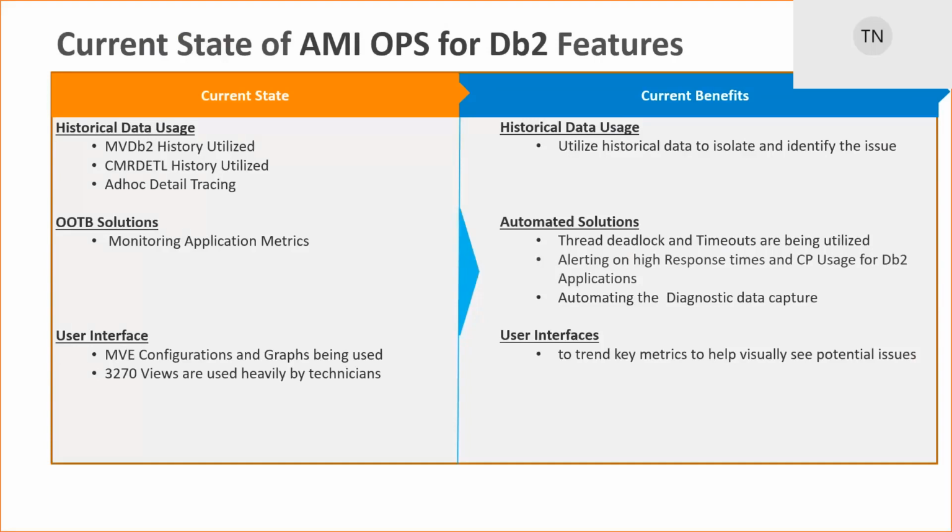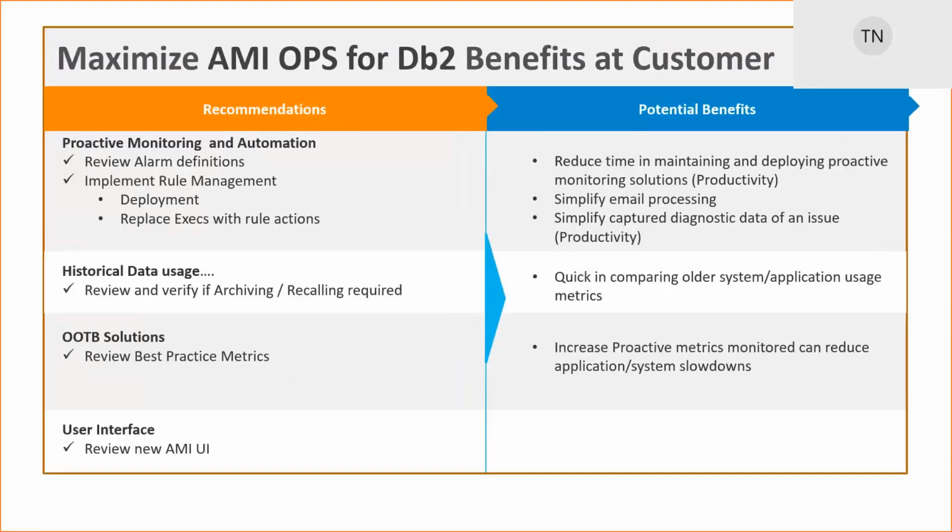So we talked previously about current states and benefits. We've got the historical data usage out of the box, which we touched on with best practices, and the user interface. So we have the current state and the benefits derived. Now here are our recommendations. They've done a lot, but they want to get simpler. They want an action for everything.